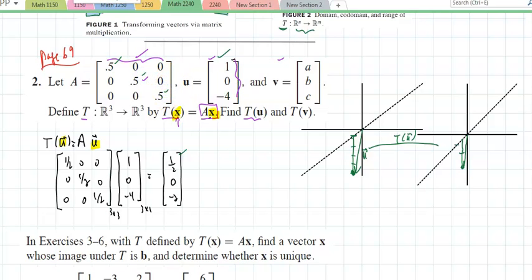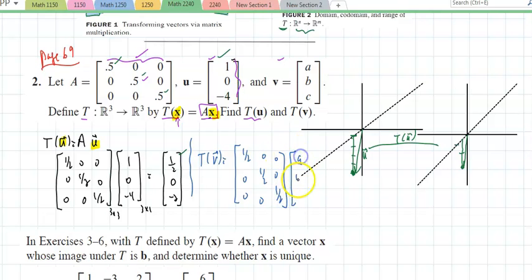And if I would like to look at T of V, well, again, that's going to be 1 half, 0, 0, 0, 1 half, 0, 0, 0, 1 half. So all this does is shrink any vector by a factor of 2, nothing more.